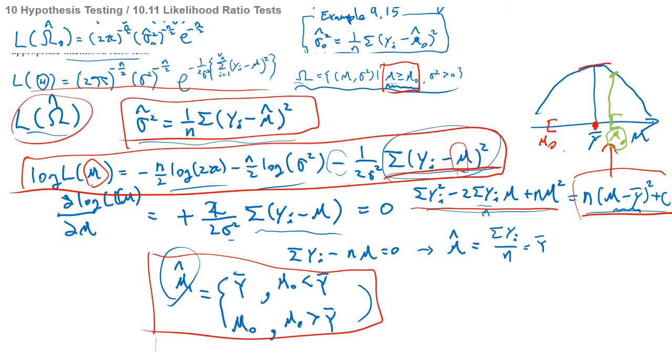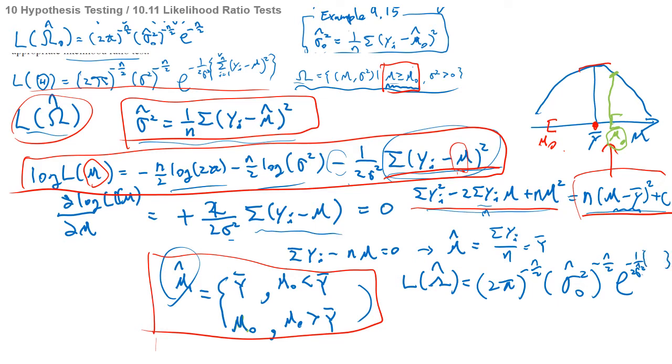So our L omega hat would be 2 pi sigma 0 square hat to the minus n over 2, and e to the minus 1 over 2 sigma square hat times this.